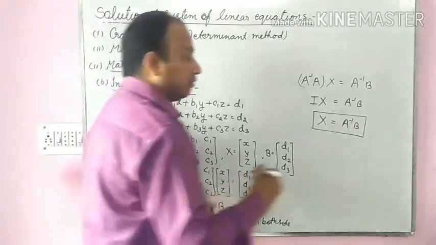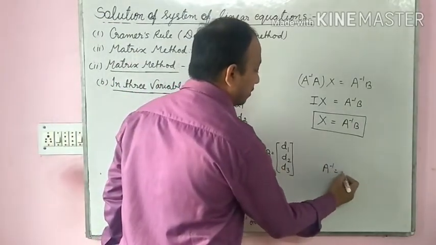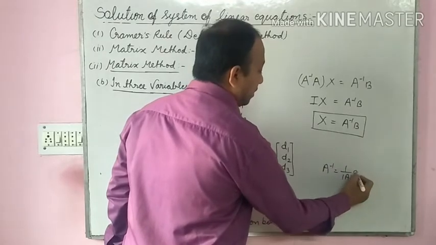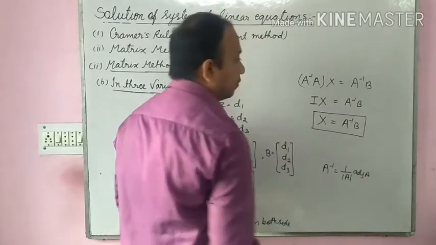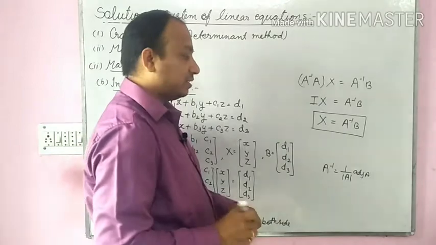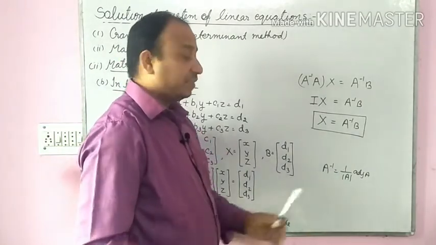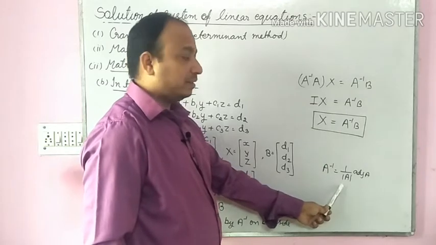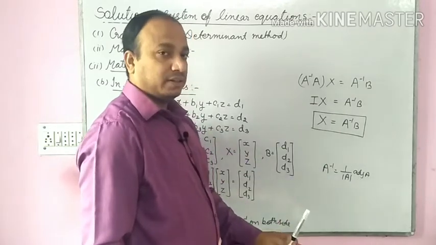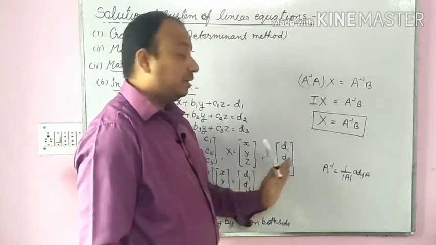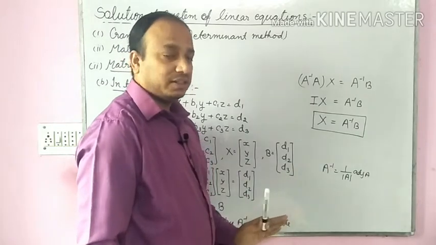And what is the formula for finding the inverse of any square matrix? 1 upon determinant A times adjoint A. So first of all we find the inverse of matrix A by using the formula 1 upon determinant A adjoint A. डिटरमिनेंट A आपको फाइंड करना आता है, एडजॉइंट A आपको फाइंड करना आता है, क्योंकि हमने 5.1 में इनवर्स मैट्रिक्स के काफी क्वेश्चन किए हैं.